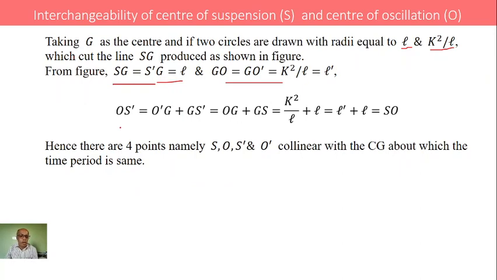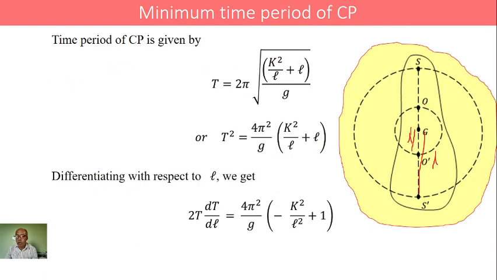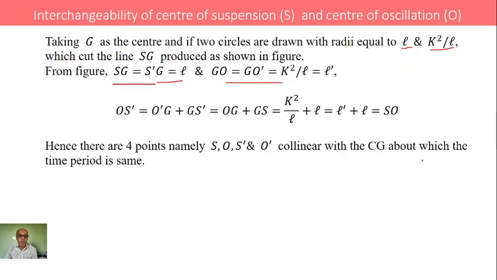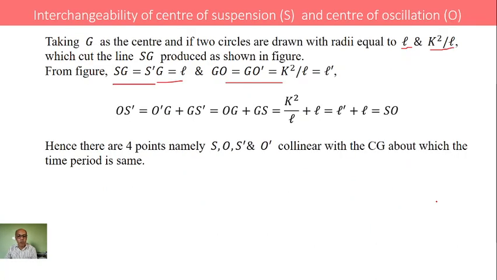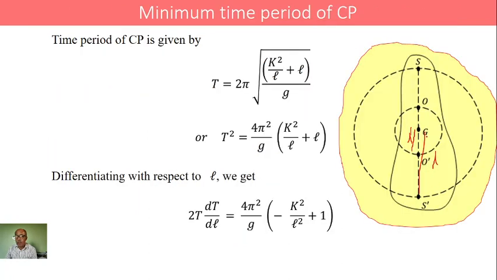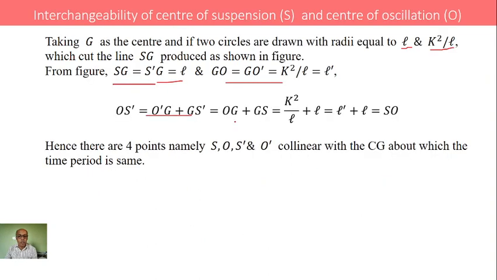From the figure, OS dash is equal to O dash G plus GS dash, or that will be equal to OG plus GS, that is equal to k square by L plus L, or L dash plus L, that is nothing but equal to OS.